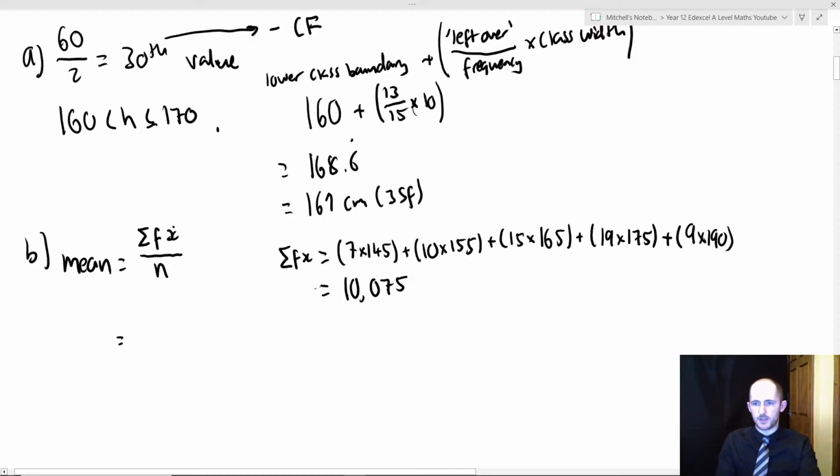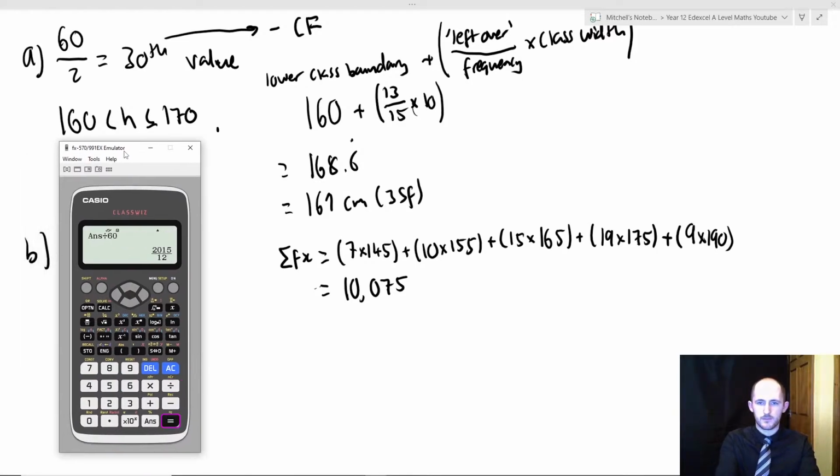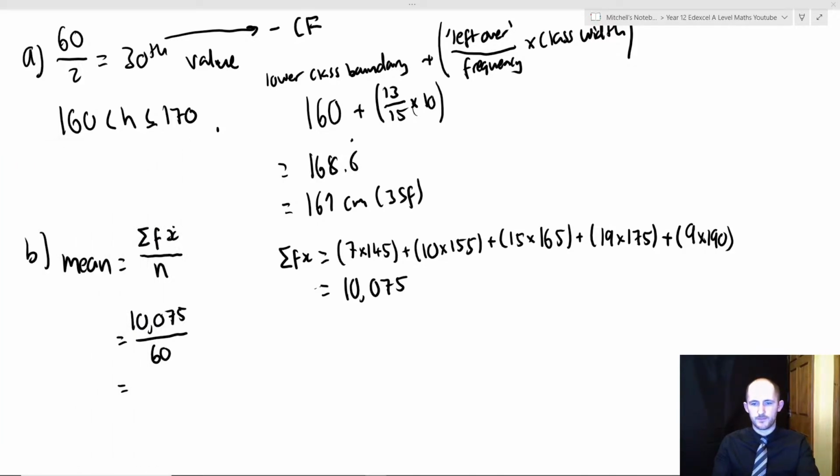So then my mean is just going to be 10,075 over 60. So let's call it 168 to 3 significant figures, which is equal to 168 centimeters to 3 sig fig.